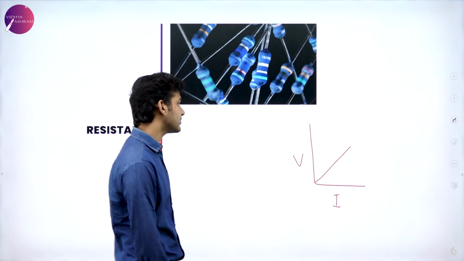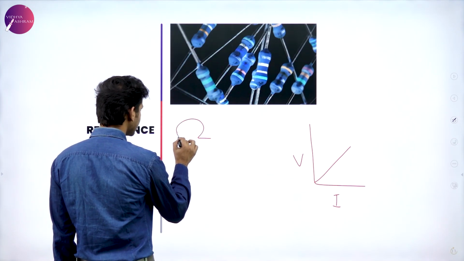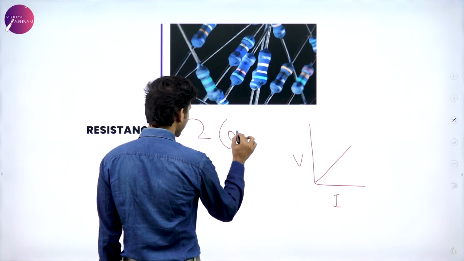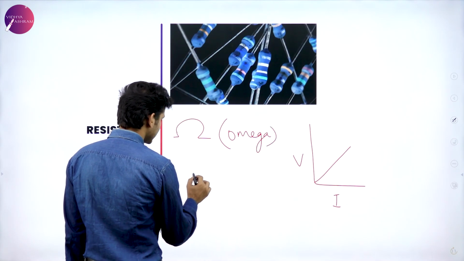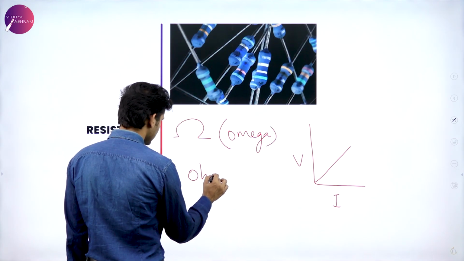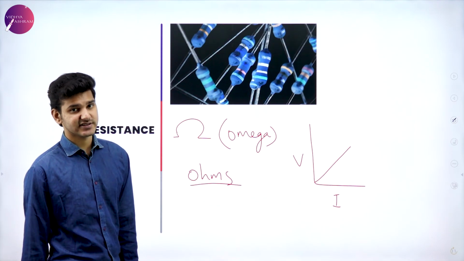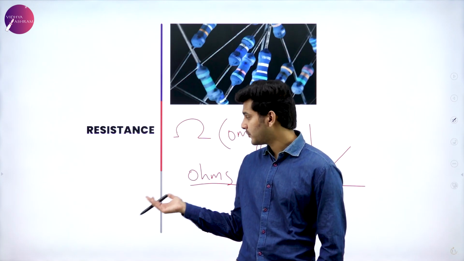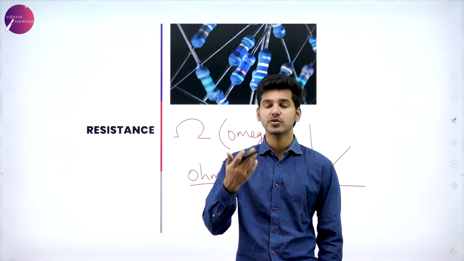And one more thing to remember is that the unit of resistance is nothing but ohms, indicated by the capital letter omega. The SI unit of resistance is called ohm, as we are paying homage to a great scientist who studied Ohm's law and who proved Ohm's law.